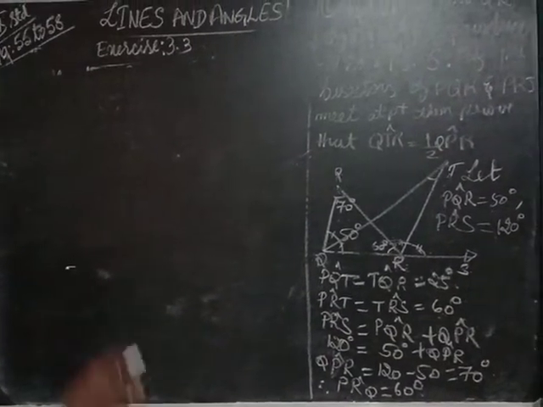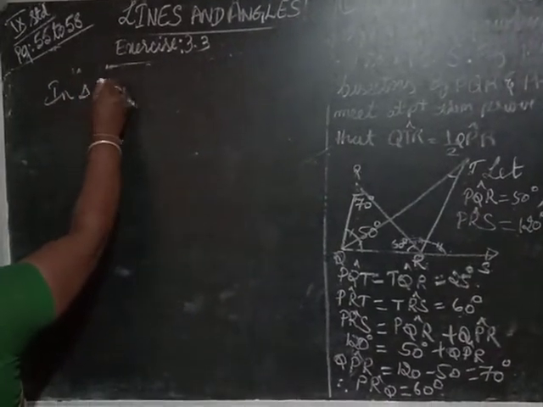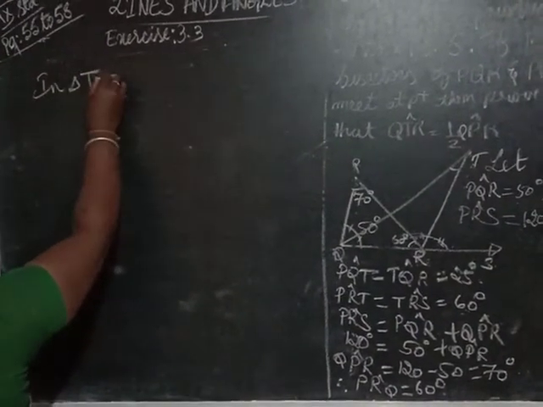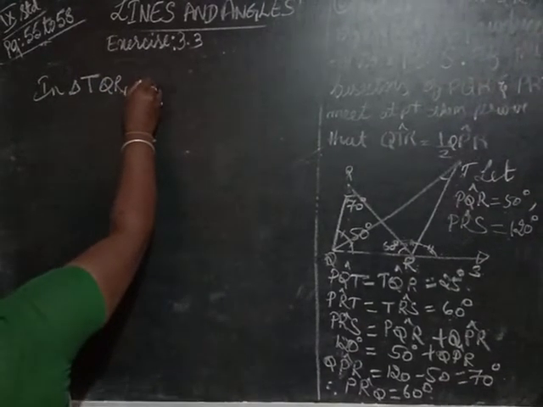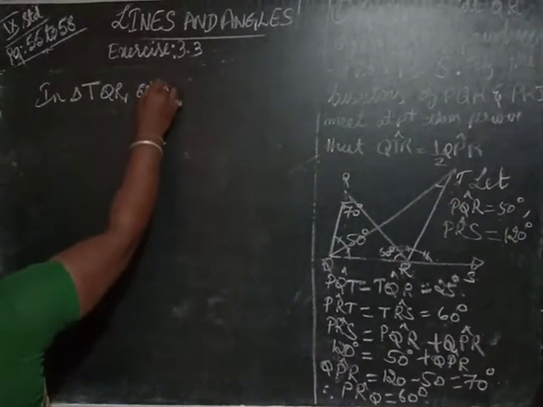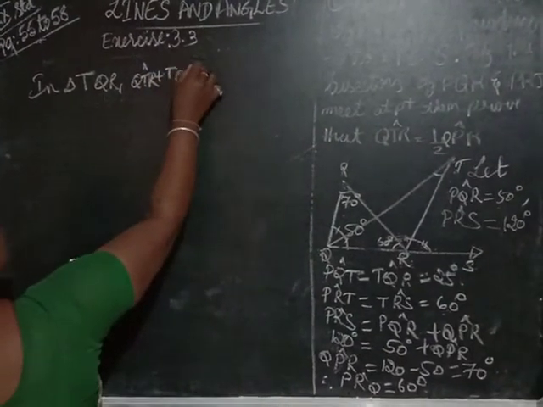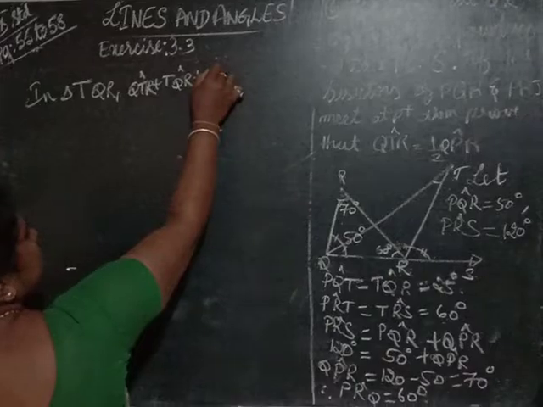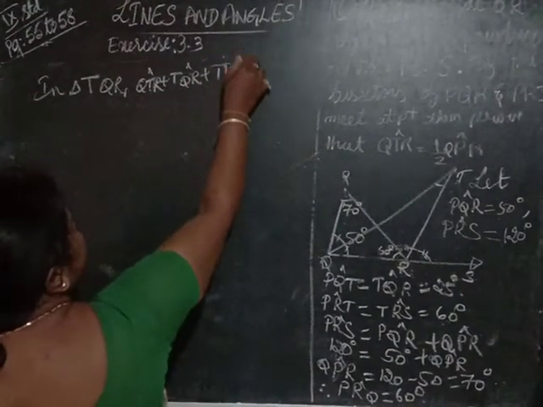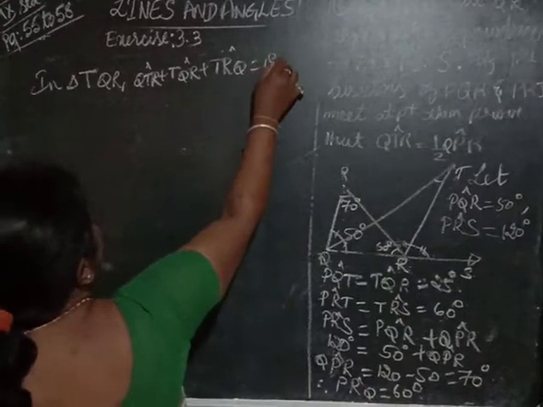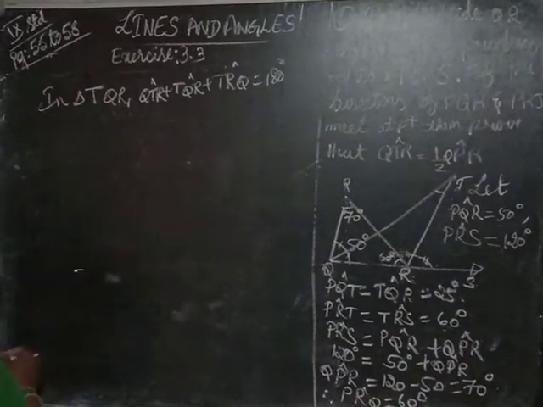So therefore, in triangle TQR, angle QTR plus angle TQR plus angle TRQ is equal to 180 degree. Okay, 180 degree.